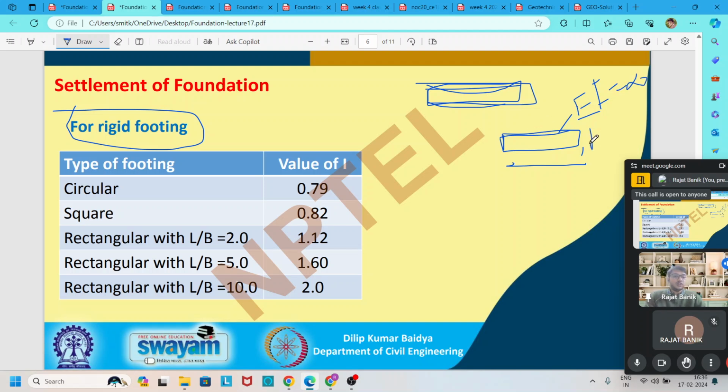Stiffness of the foundation, that is K, is very high, about infinity. So for different types of foundation the value is different, and you go through this table for rigid footing.